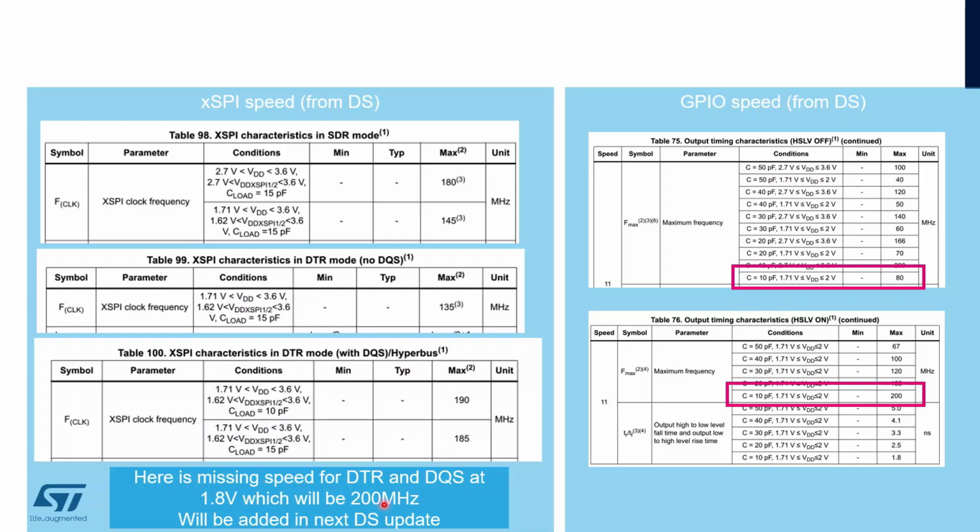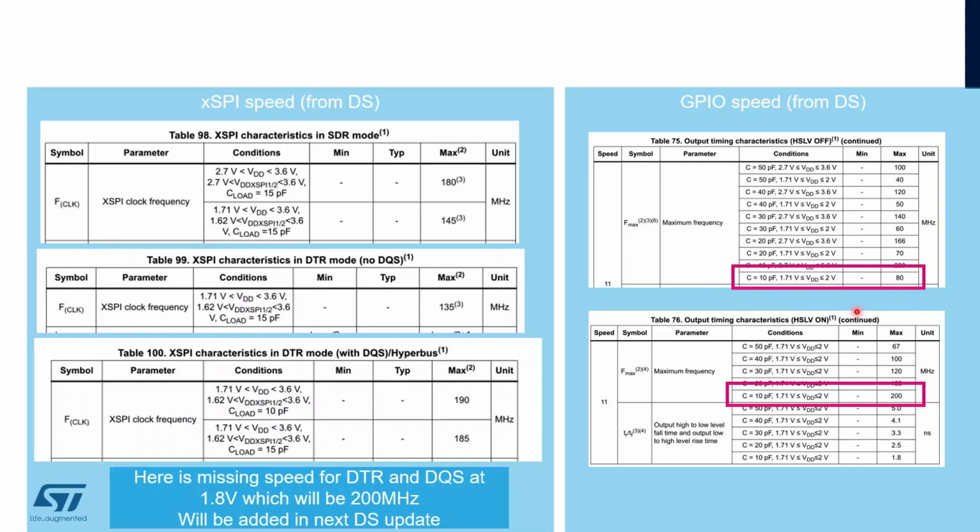So we can run the memory at the maximum speed. The second important thing is the speed of the pins, because not only the peripheral but also the pins need to be just as fast. If we have the normal configuration, the maximum speed is only 80 megahertz on 1.8 volt, which is not so good for us.